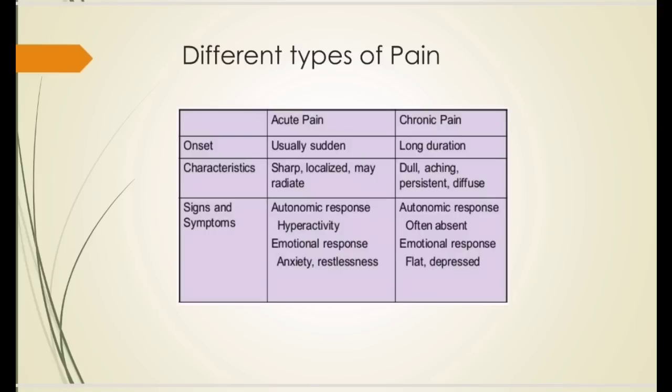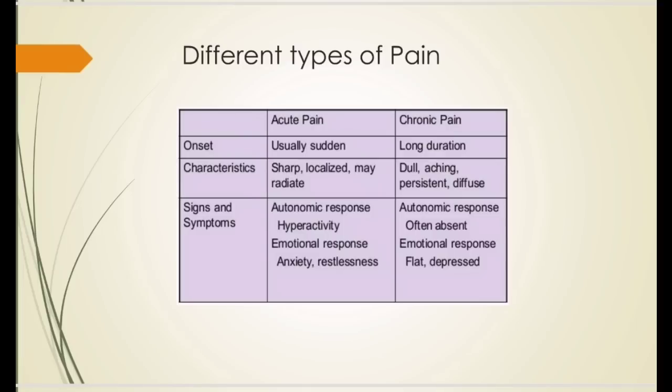That is called acute pain, pain which starts immediately. So the onset of pain is immediate, it's sudden. If I ask you what happened when you started feeling the pain, you will be able to tell me, you will remember, it's very fresh, it's very new, alright? You will know when the pain started and how it started. That is called acute pain.